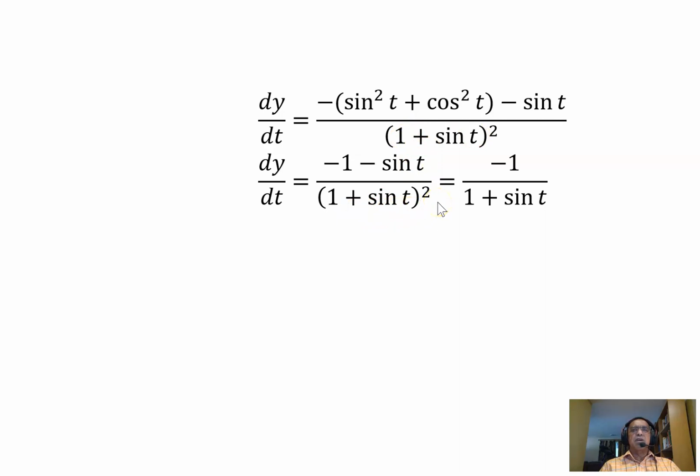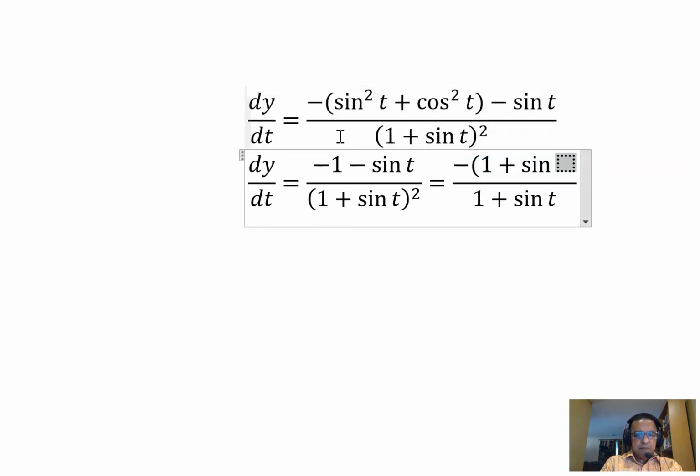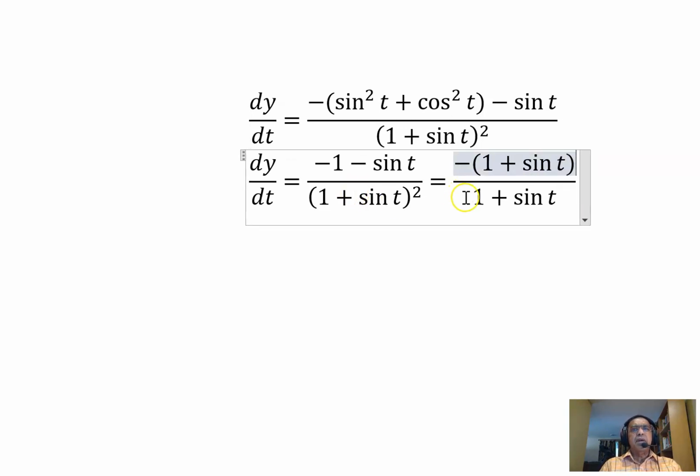Then you can factor out a negative sign from the top, and you get negative 1 plus sine t over 1 plus sine t squared.